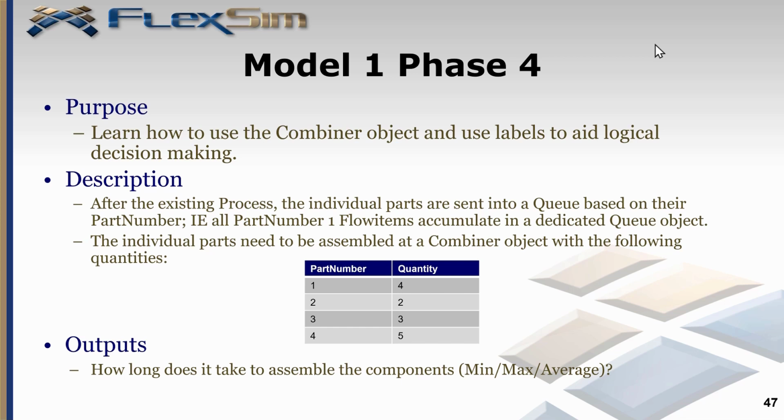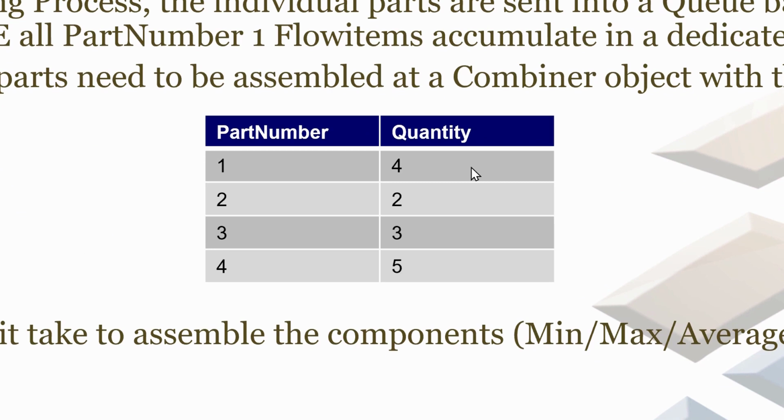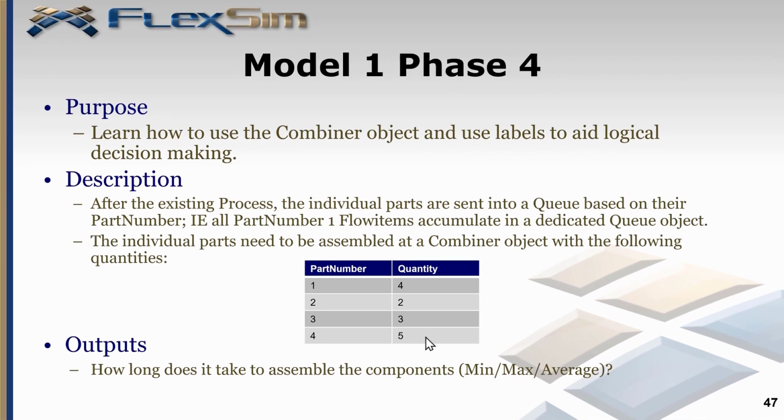Then these individual parts need to be assembled at a combiner object with these following quantities: 4 of part number 1, 2 of part number 2, 3 of part number 3, and 5 of part number 4. And the output we're going to look at is how long does it take to assemble the components.